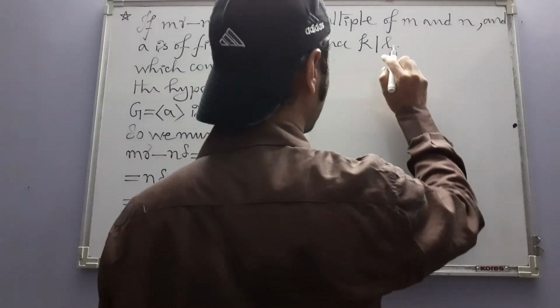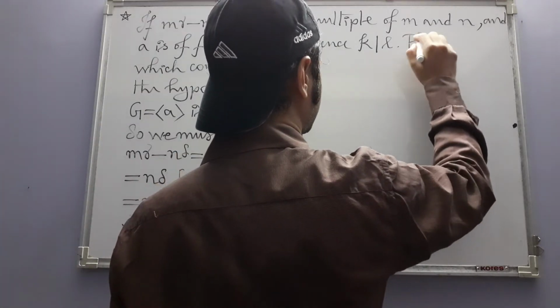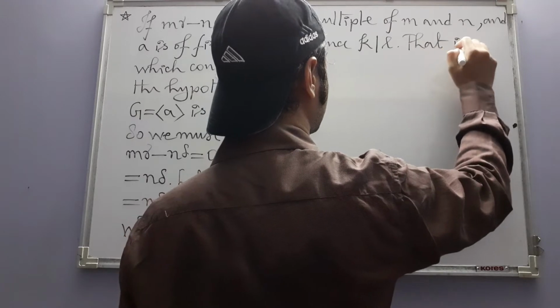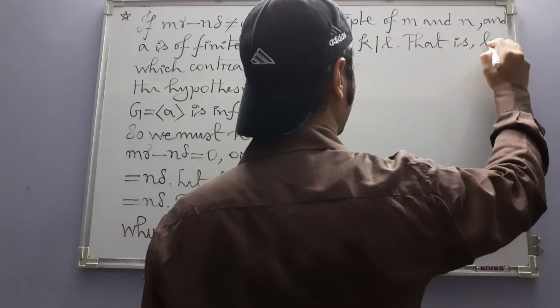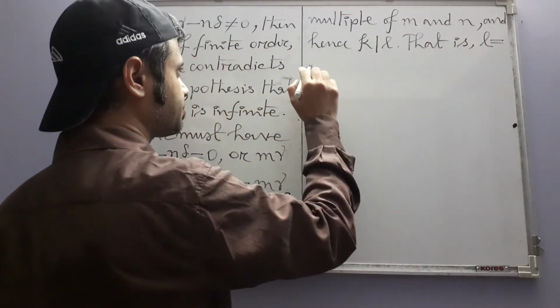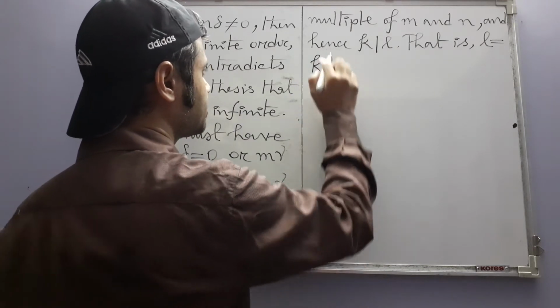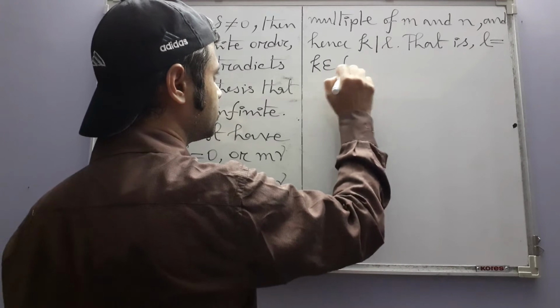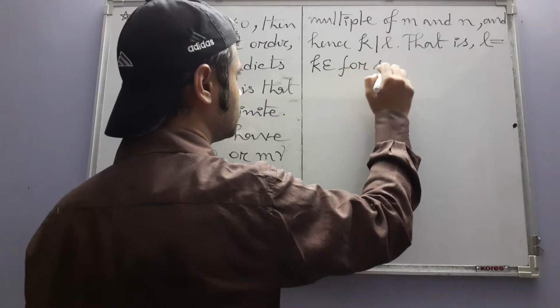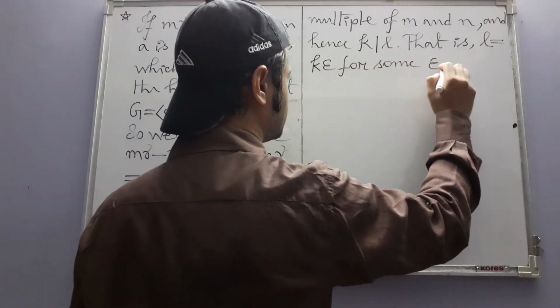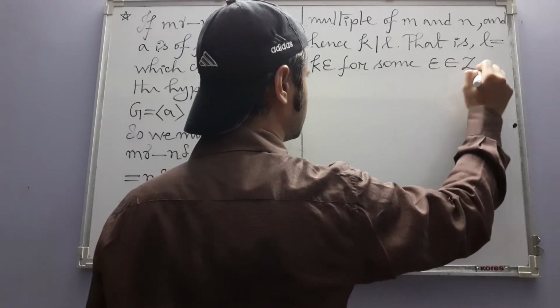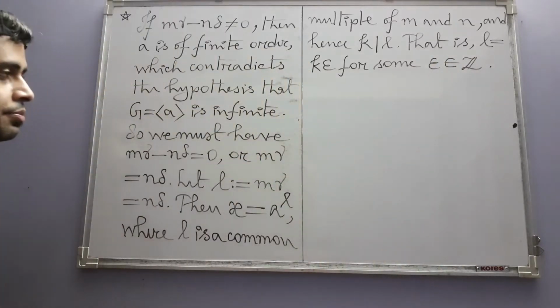Okay, k has to divide L, that is L is equal to k times, say let's write epsilon for some integer epsilon.